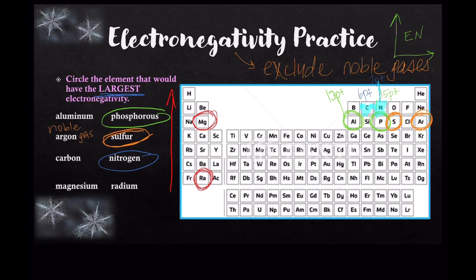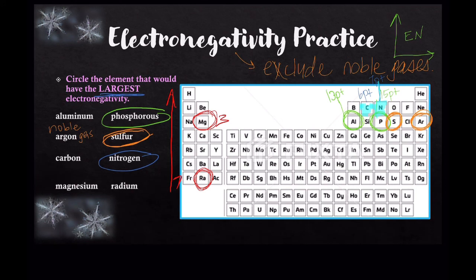There's less of a shielding effect for magnesium, meaning the nucleus is closer to those outer electrons. Remember, magnesium is in energy level 3. It's only got 3 energy levels, while radium is in energy level 7. 7 energy levels. So radium has a much bigger shield compared to magnesium, keeping those valence electrons far away from the nucleus.